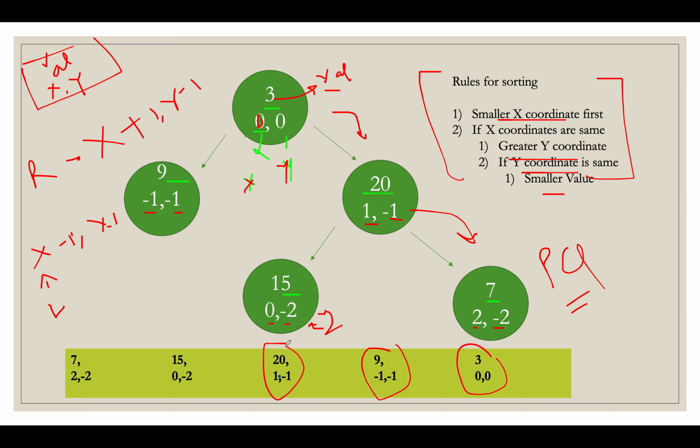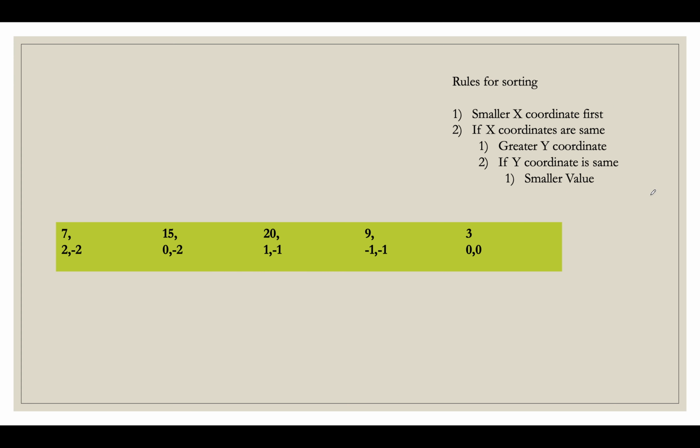And we'll define a custom comparator as per the rules defined here, and while initializing the priority queue, we'll pass in this custom comparator, so that whenever we retrieve elements, they are retrieved as per the sorting rules. So let's start the process where we are pulling out elements from the priority queue.